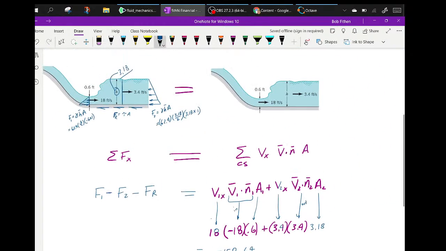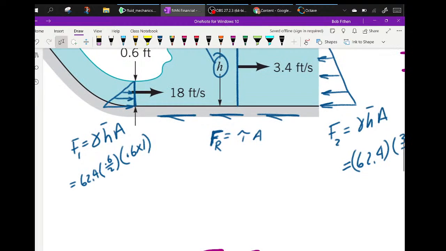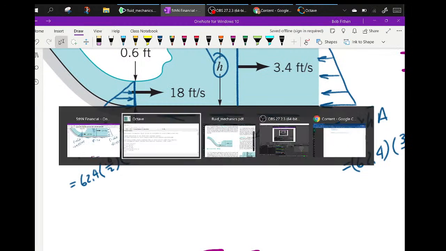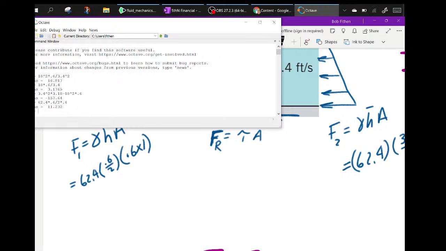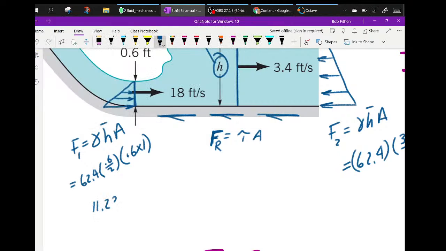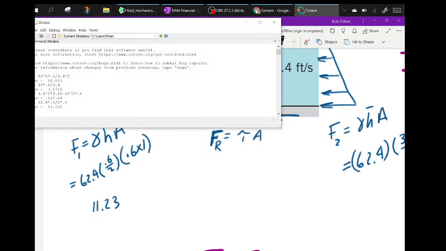Now what I'm going to do is go back up here and calculate these values. Here we go. 52.4 times 0.6 divided by 2 times 0.6, 11.23, 2.